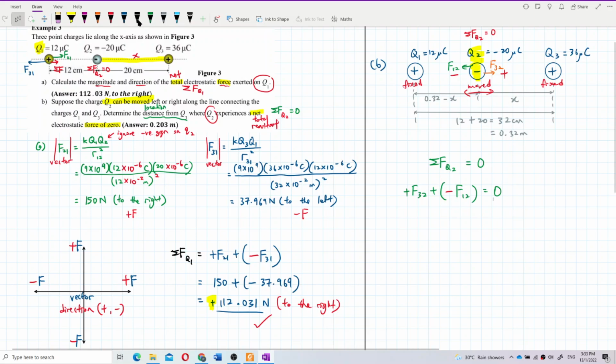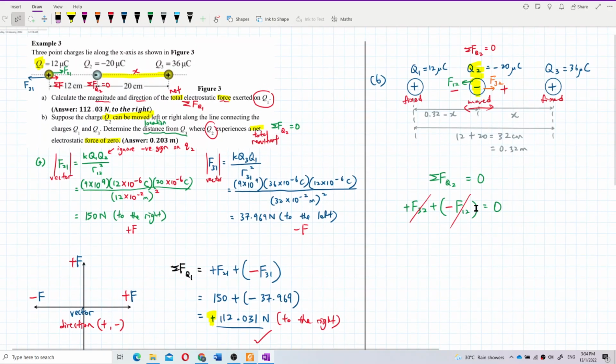When these two forces are added up, they cancel each other because they have opposite signs, and that's why you get 0 force at Q2. But we don't just cancel them; we want to find the value of x, the distance from Q3.